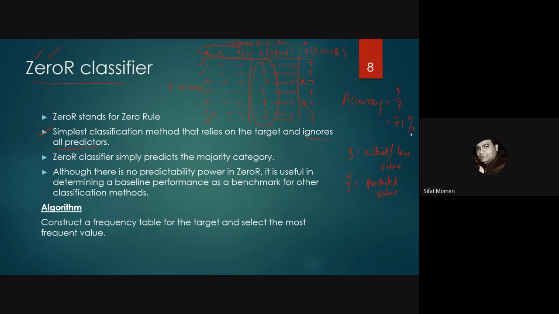But interestingly, what about a binary classification? It means either 0 or 1, true or false, spam or not spam. If you have a binary classification, any idea what is the minimum accuracy the ZeroR classifier will give? 50%. Yes, 50% is the minimum accuracy it will give.